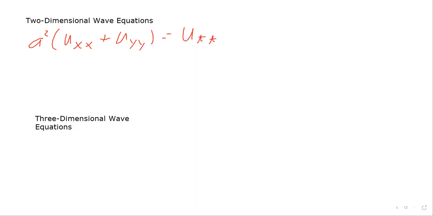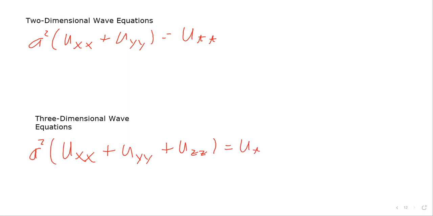And then our u is going to be a function of x, y, and t. And with our three dimensions, as you probably guessed it, we just have to use our z axis in here.